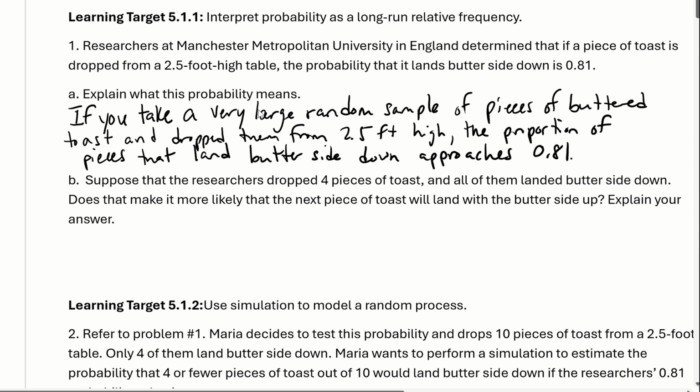So there's a very large random sample, and then it approaches 0.81.